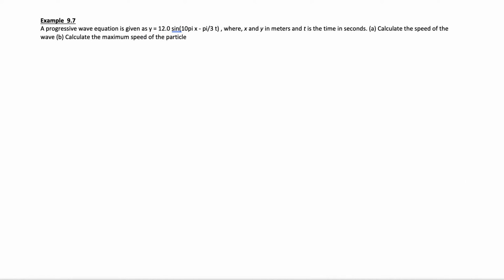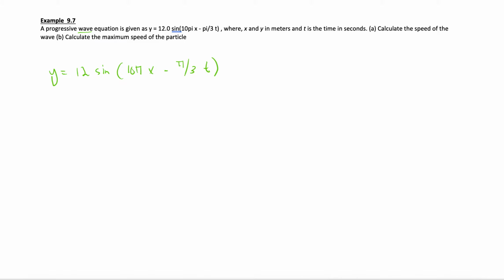Next one. Example 9.7. A progressive wave equation is given as y equals 12 sine (10 pi x minus pi over 3 t).